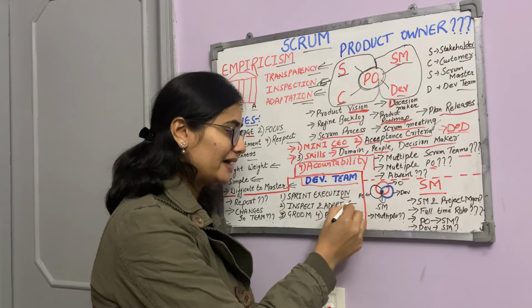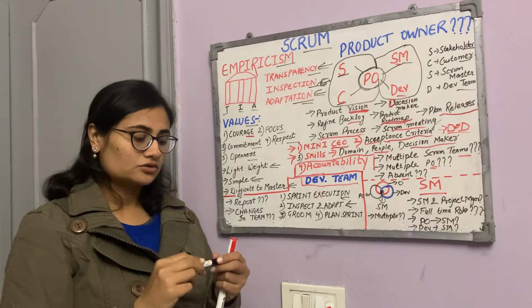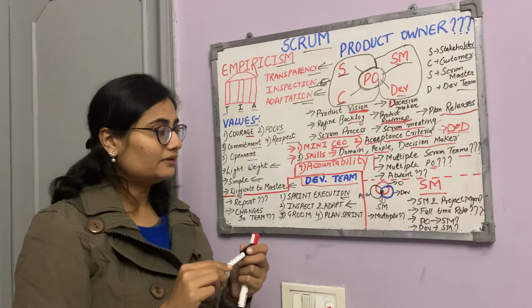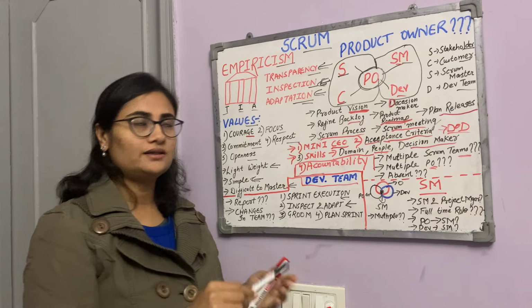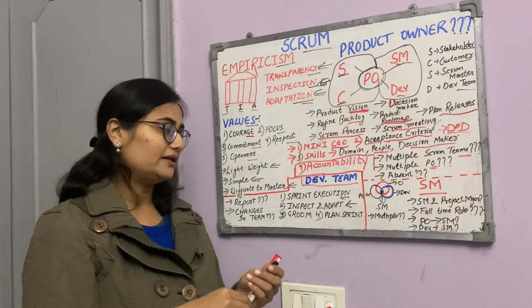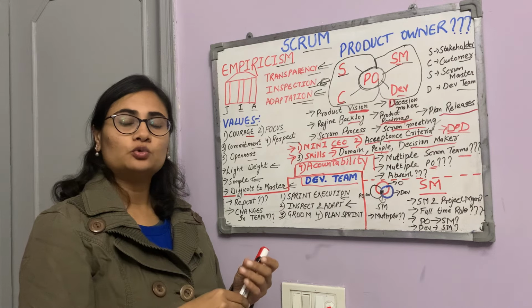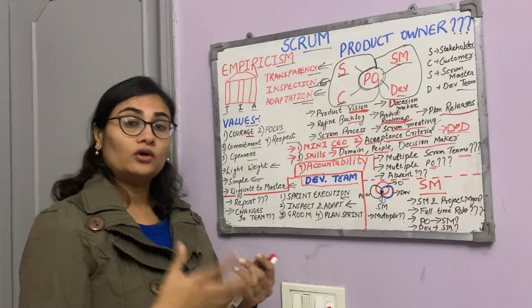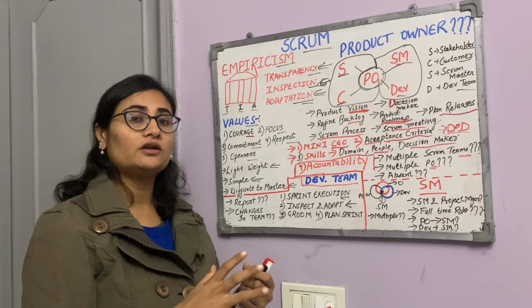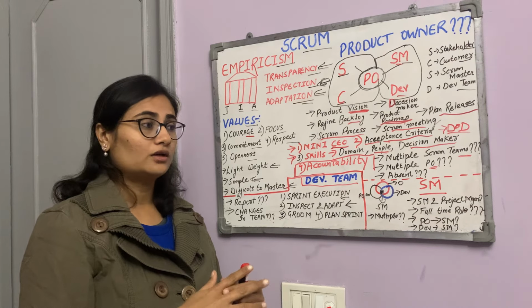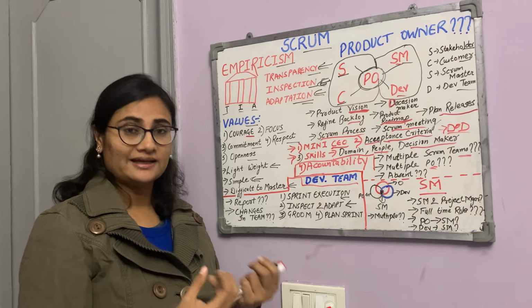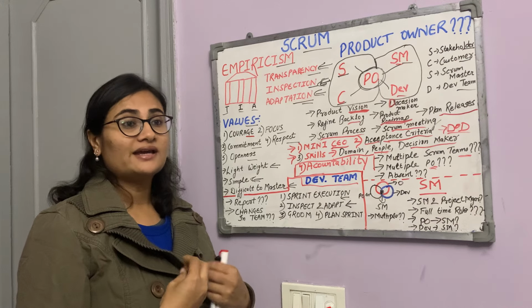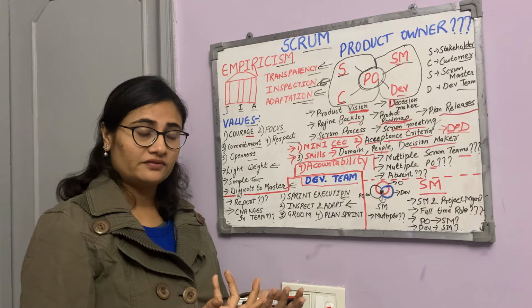They need to inspect and adapt. So Scrum team, especially the development team, participate in inspection and adaptation on a daily basis and on a periodic basis also through these daily Scrum meetings, where they highlight any impediments they are facing.